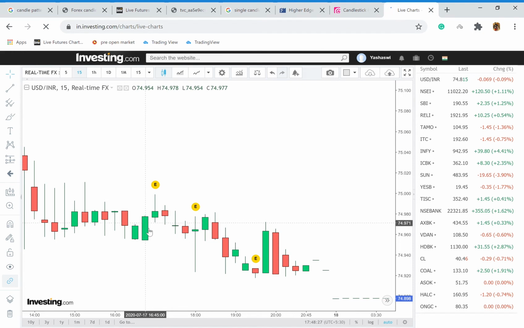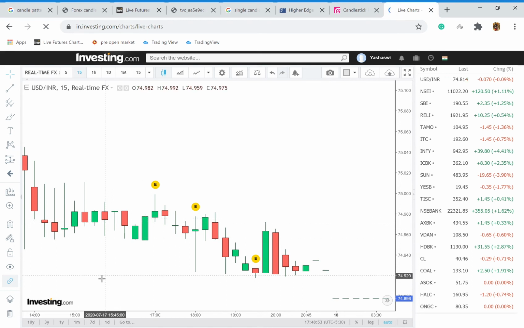These kinds of candles are called Marubozu. This is green, meaning the close was above the open, so it is a bullish Marubozu. The open and low are the same, 74.95, and the high and close are almost the same, 74.97.